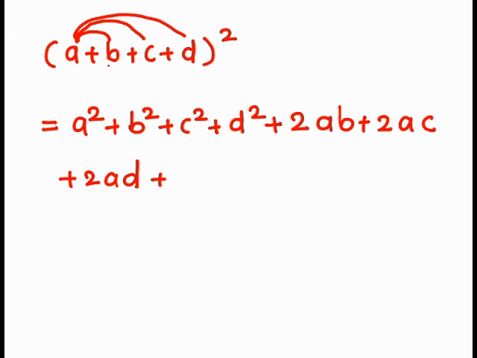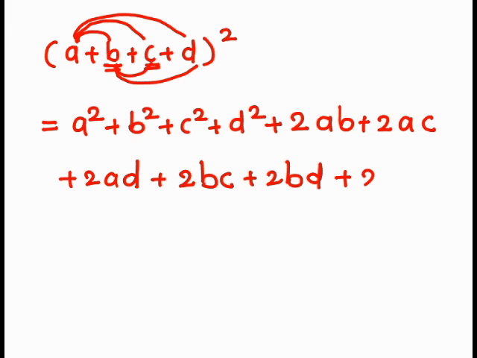Now we fix the B. We get the combination BC and BD, that is 2BC plus 2BD. Plus now we fix the C, so we get 2CD. So this is the formula for the square of A plus B plus C plus D, and this is what we require to find an equation of a right circular cone. Hope you understand. This is nothing but our prerequisites required to find an equation of a right circular cone.